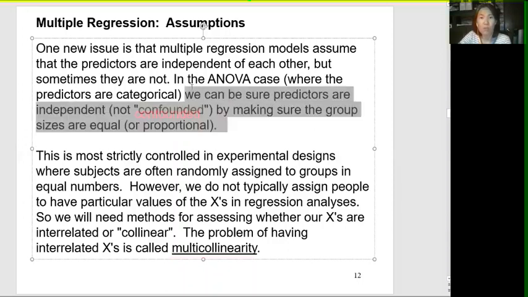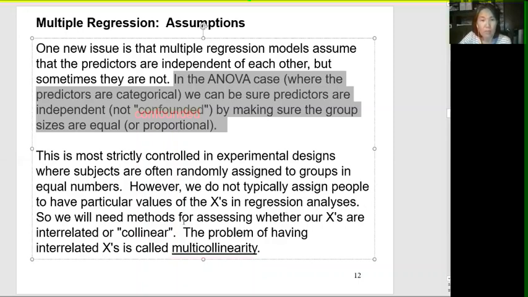Don't worry about this because we haven't learned ANOVA. ANOVA is a separate class. Anyway, this is most strictly controlled in experimental design, where subjects are often randomly assigned to groups in equal numbers. However, we do not typically assign people to have particular values of X's in regression analysis.